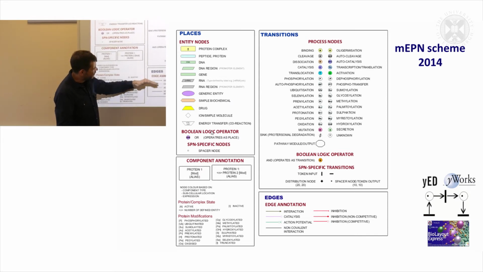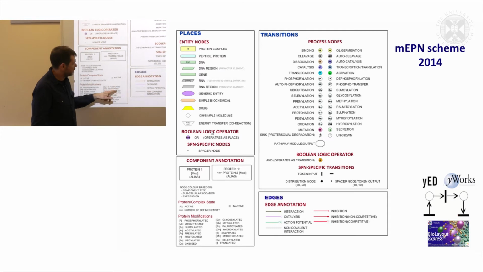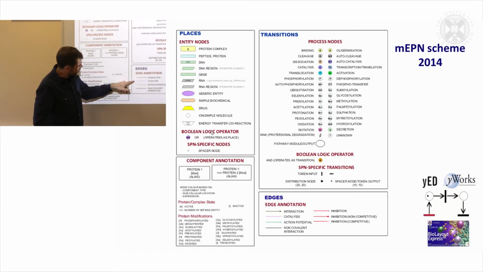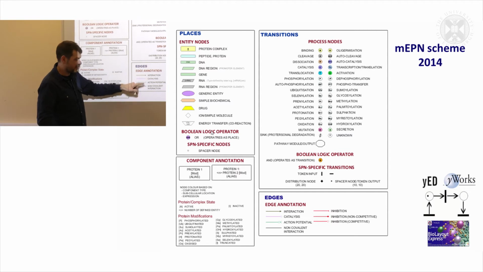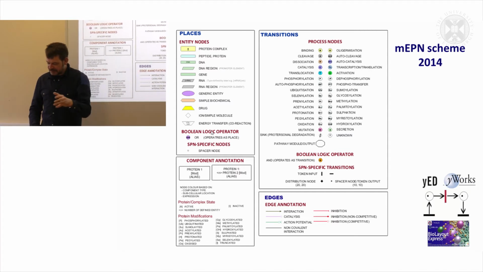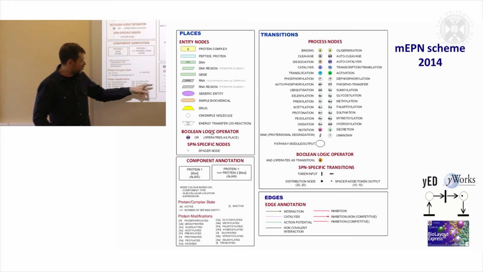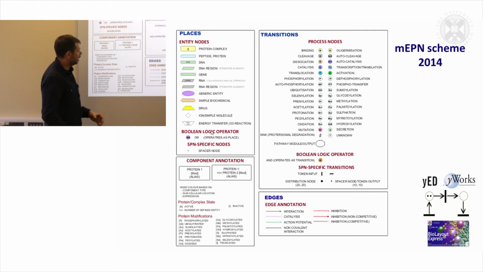Then we have a simple set of lines. So for most interactions it's just an arrowhead straight like this. For catalytic reactions, and this again is taken from SBGN, we have this open round circle. We use a purple line here to reinforce it, but again it's the fact it's an open circle. In some of the things we've been looking at, we've been actually looking at interactions between neurons, and so we have an action potential as a type of thing that might happen.